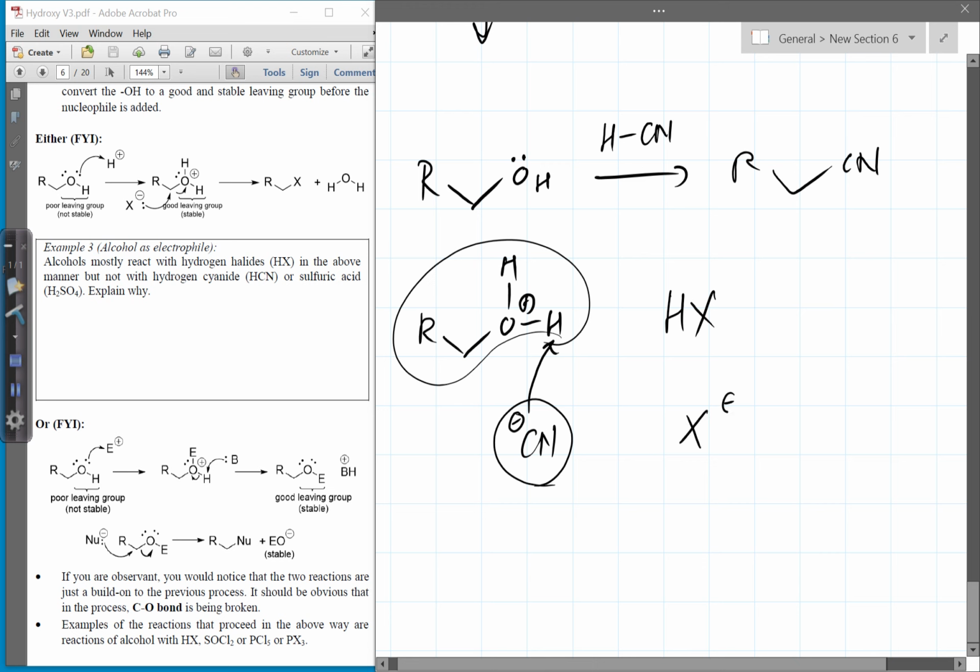For your halide, X minus, is it a strong base? No, because we know that HX is a strong acid, so X minus is a weak base. If it's a weak base, although you can still get back, attacking here now wins over deprotonation. So that's why for this it can occur, but for this it cannot occur. This is something related to kinetics as well.